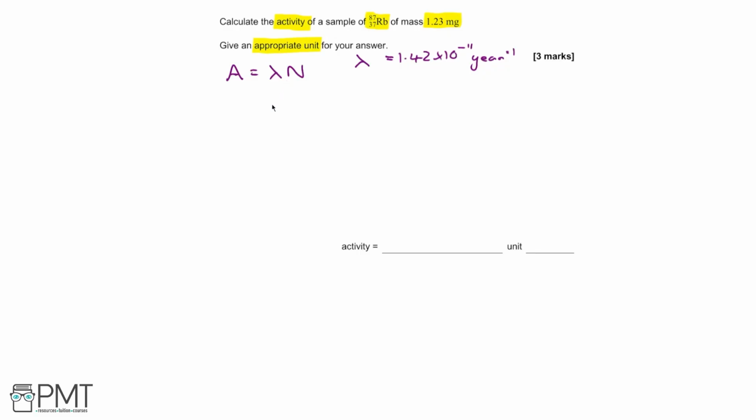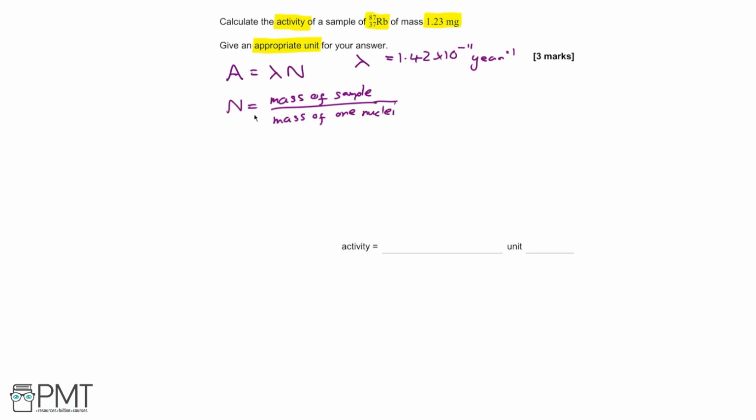So in order to calculate the activity, we'll need the number of nuclei. So to do that, we need to use the fact that n, the number of nuclei, is equal to the mass of the sample divided by the mass of one nuclei.